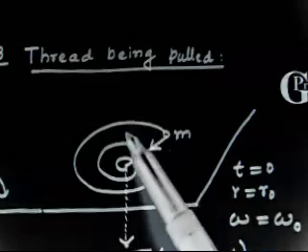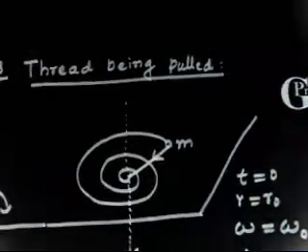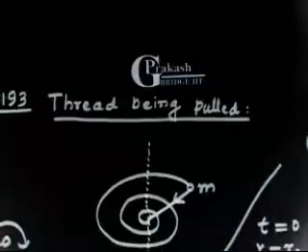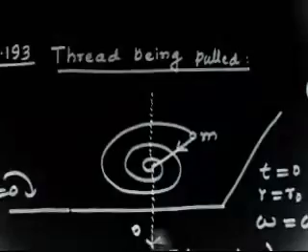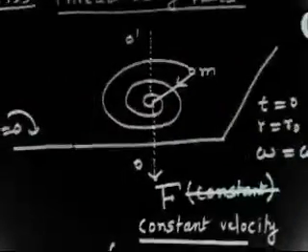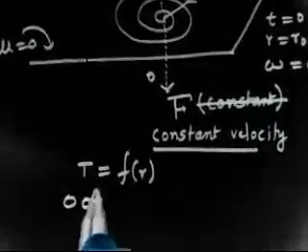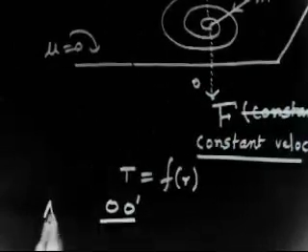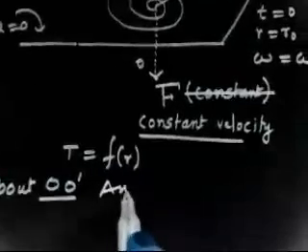Let us call this axis OO dash. About the OO dash axis, angular momentum is conserved because all the forces pass through it.